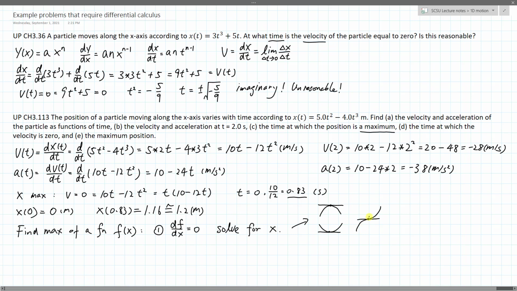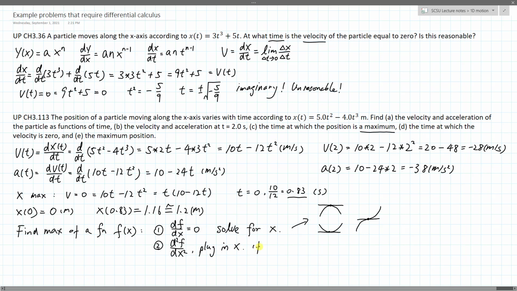So how do we do that? We take a second derivative, and then we plug in the value, x.